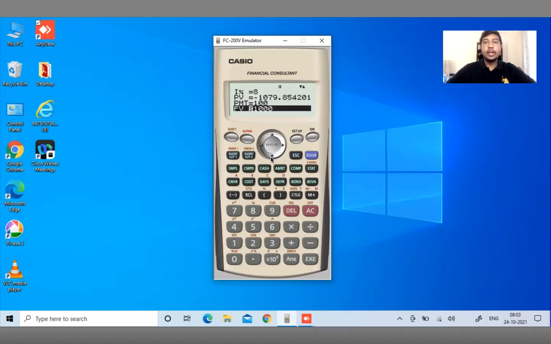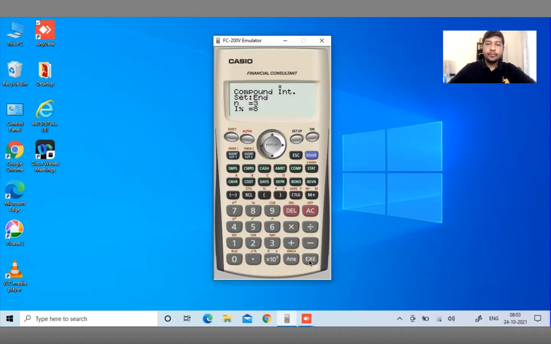So I'm going to explain to you what each of these fields mean and what are the inputs required. Okay, so you can scroll up on the calculator. One thing you need to keep in mind is that whenever you're entering any figure, for example, in this N field, you see number 5, but let's say I want to type 3.